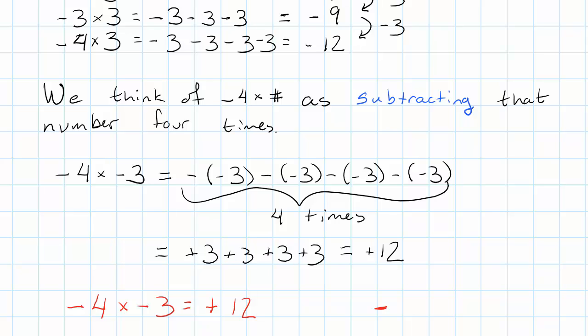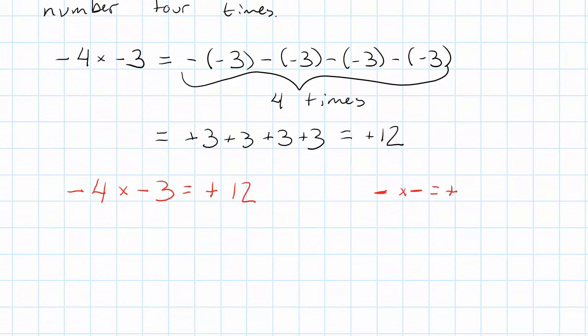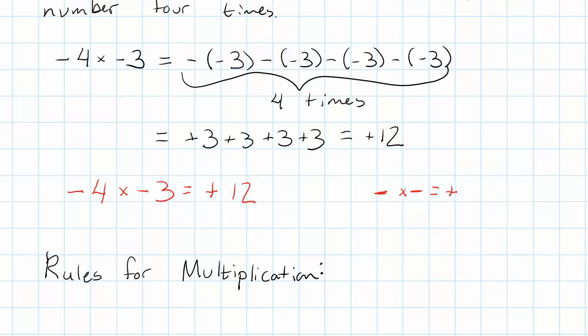As a general rule, a negative number times a negative number is a positive number. Right? We can summarize our rules for multiplication. And these are a little bit simpler. They're a little bit less thinky than the rules that we had for addition. But they've got this really surprising one thrown in there.